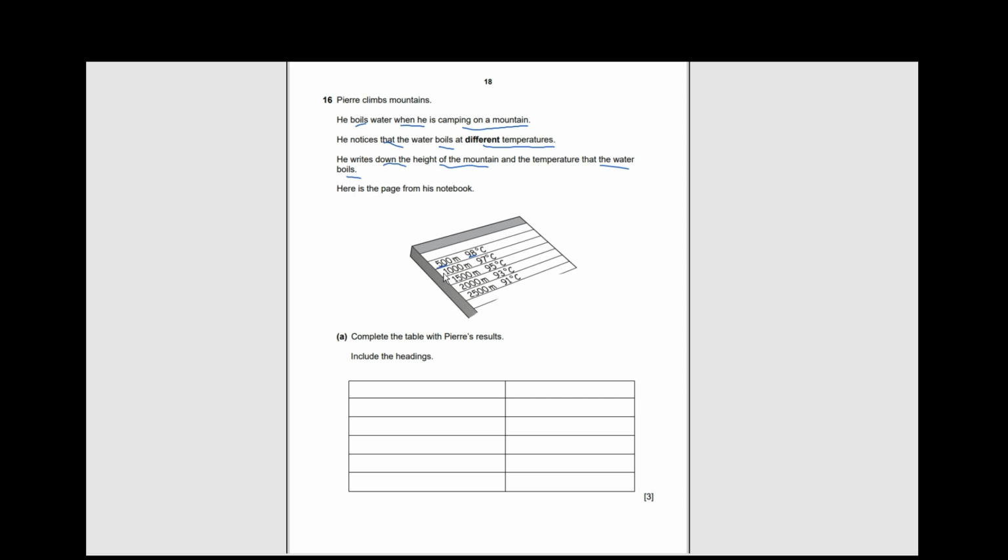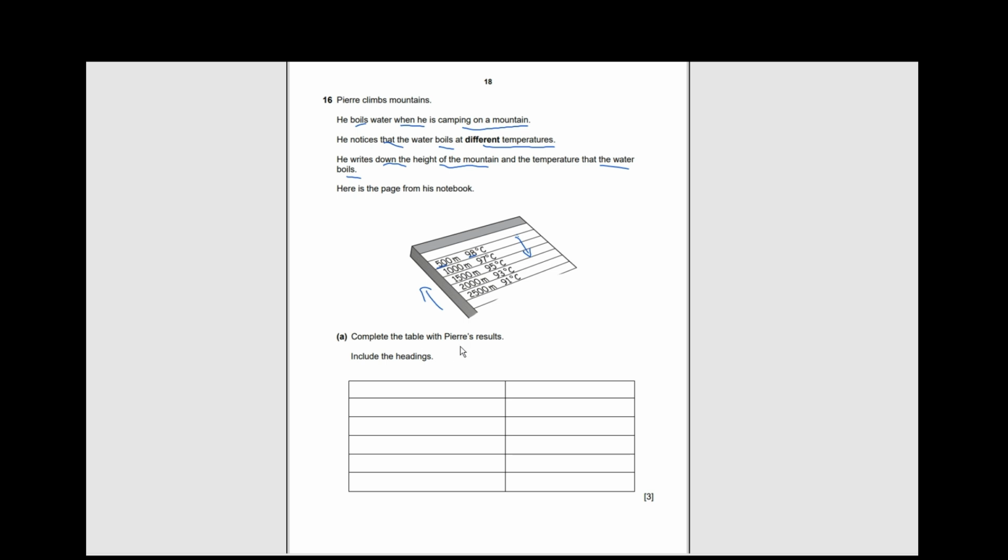So as the height of the mountain increases, the temperature that the water boils at decreases. As one is increasing, the other decreases, meaning they're inversely related, the height of the mountain and the temperature of the water.